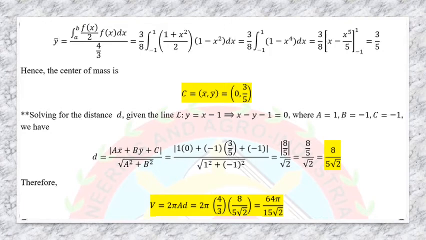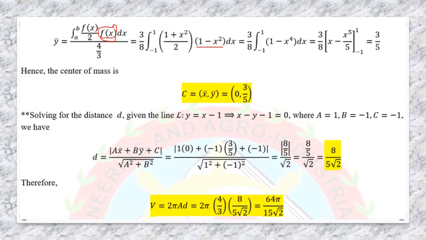Sa center of mass, lagi tayong kumukuha sa midpoint, so above plus below over 2, so 1 plus x squared, and then over 2.